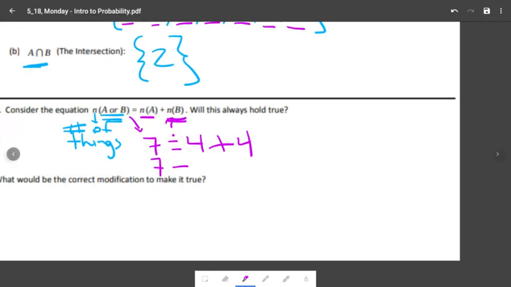If I actually add those two together, I get that 7 is equal to 8. So no, that is not true.